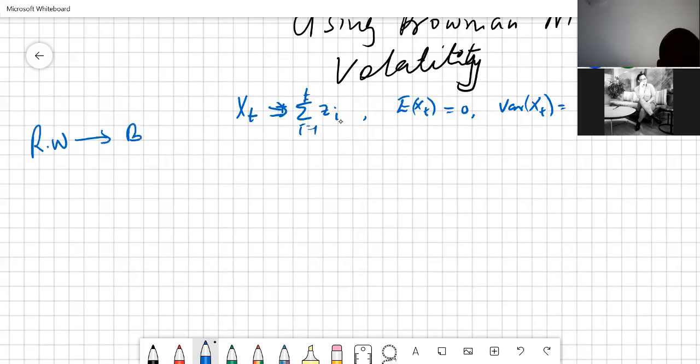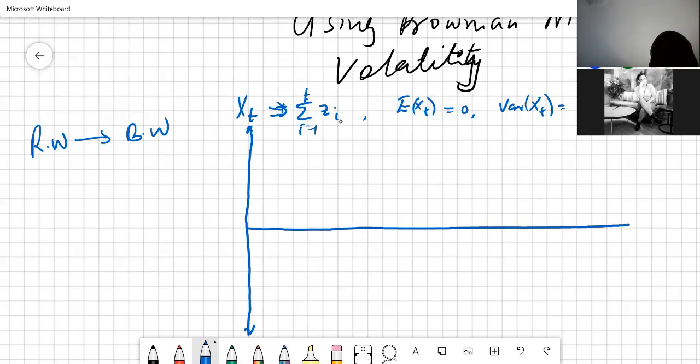Just to remind you, if that is our scale for time, time 1, time 2, time 3, time 4, time 5, for a random walk the positions are going to be -3, -2, -1, 0, 1, 2, 3.